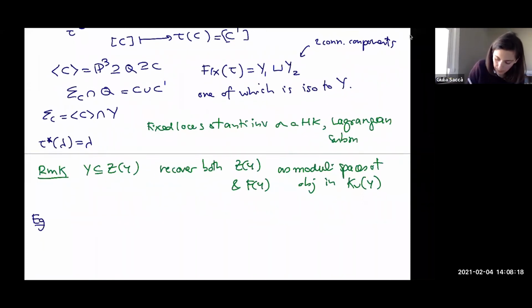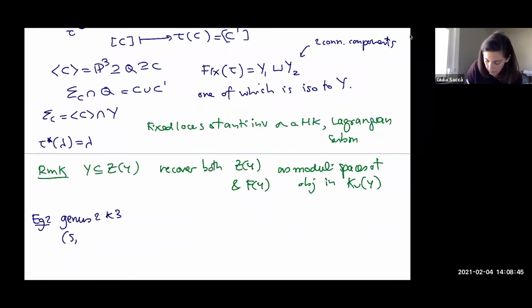A different example, I don't know if it's good or bad, but just different, is the simplest example of an anti-symplectic involution on a hyperkähler manifold, especially if you want the involution to deform in a codimension 1 family: that's a genus 2 K3.